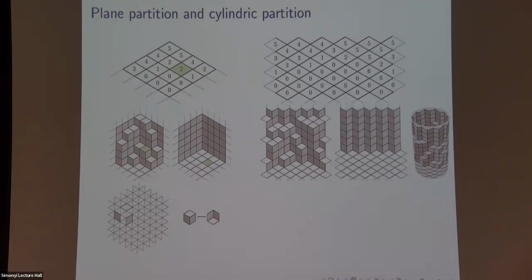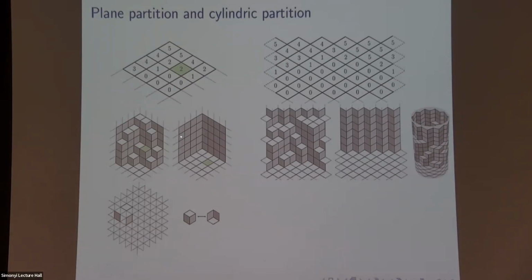What is the correspondence? The height of each stack of cubes, for example, this one, which has height 2, corresponds to the entry of the corresponding plane partition. So this is the interpretation in terms of a stack of cubes in the corner.